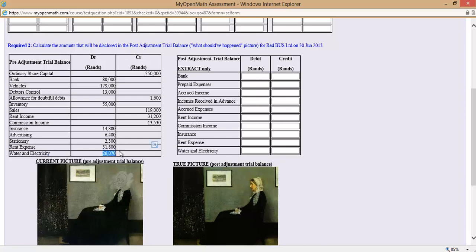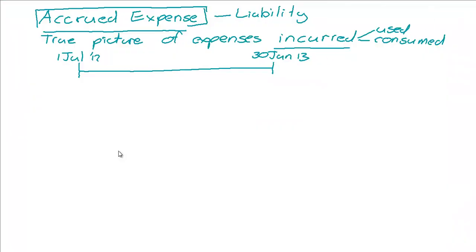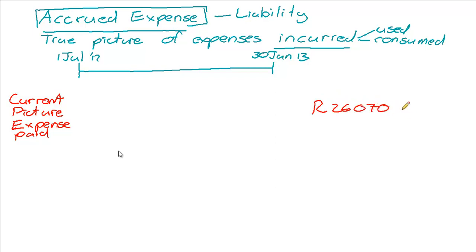The current picture says my water and electricity is 26070. The current picture will normally be the expense that we've paid, which here is 26070.